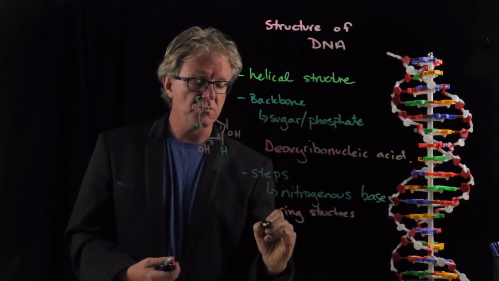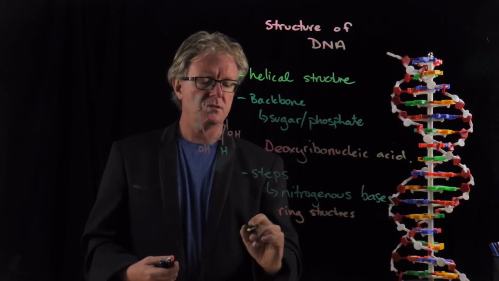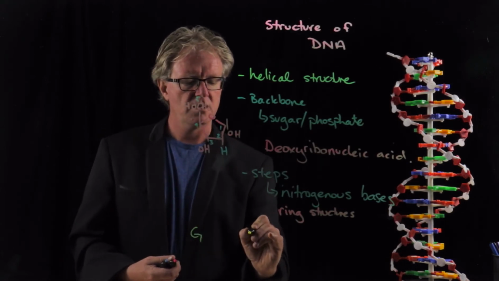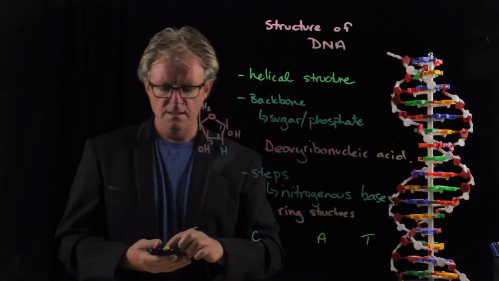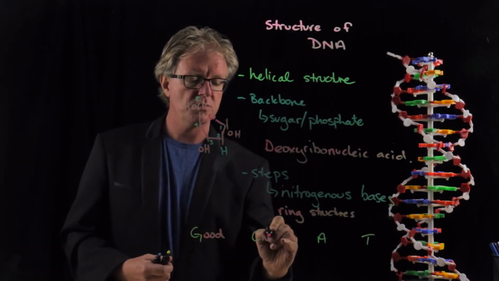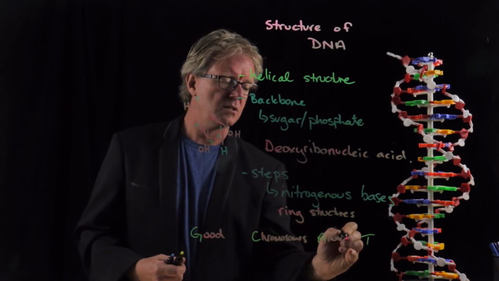A good way to remember it is, and I'm running out of a bit of room here, but we'll just extend over here. We've got G, C, A, and T, and we can remember that by good chromosomes always twist.